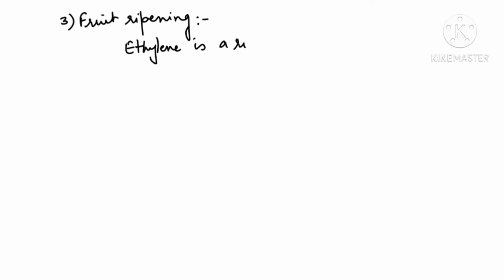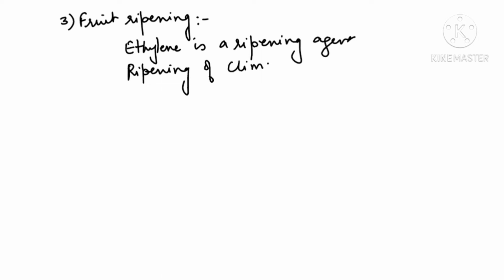Ethylene is a ripening agent and it causes ripening of fruits, especially climacteric fruits. Now, what do you mean by the word climacteric fruit? See, try to understand.